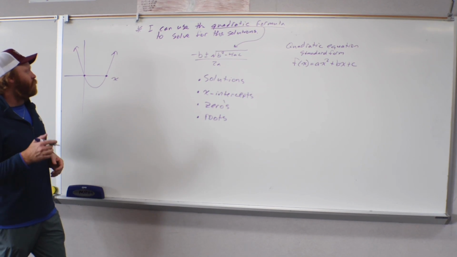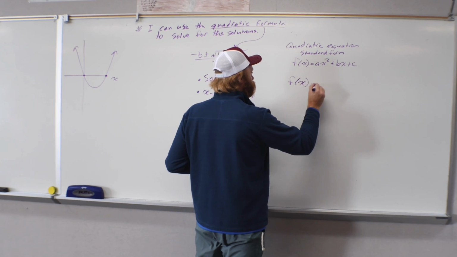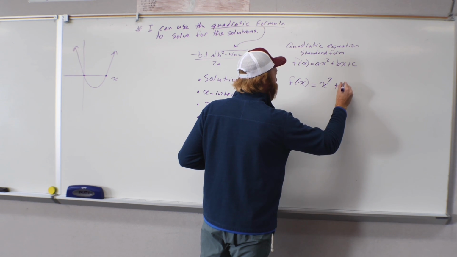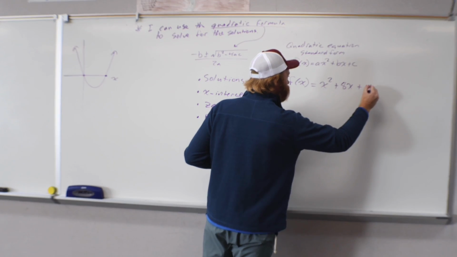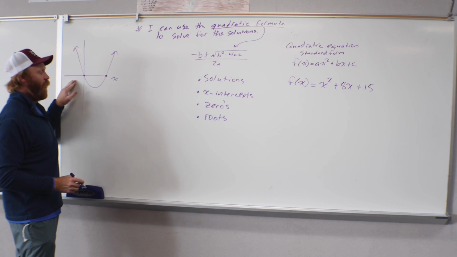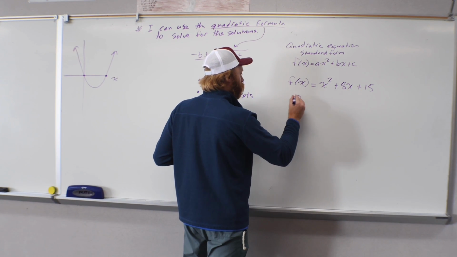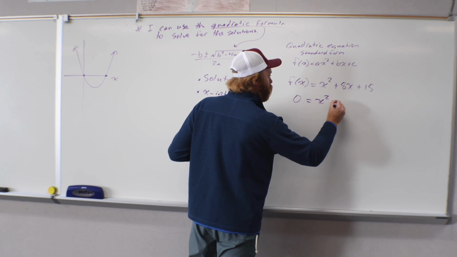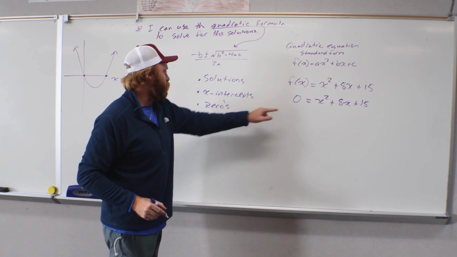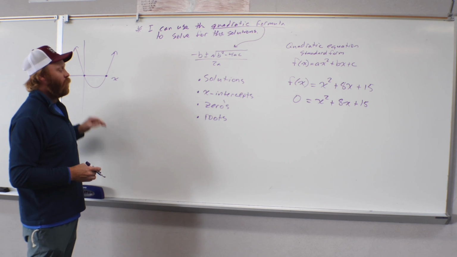Now, the reason why we call it zeros, well, if we have an equation like f of x equals x squared plus 8x plus 15, to be able to solve for where our y value is 0, or in this case where our f of x equals 0, we're essentially setting that equation equal to 0, and we have potentially 1 or 2 or none where it crosses.